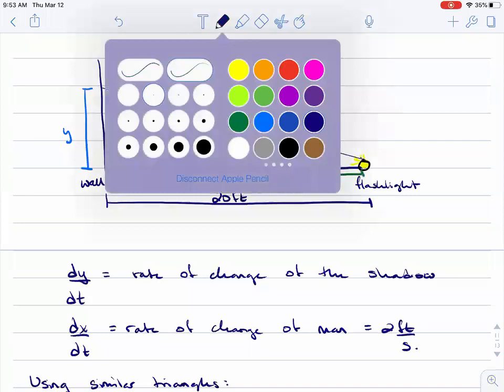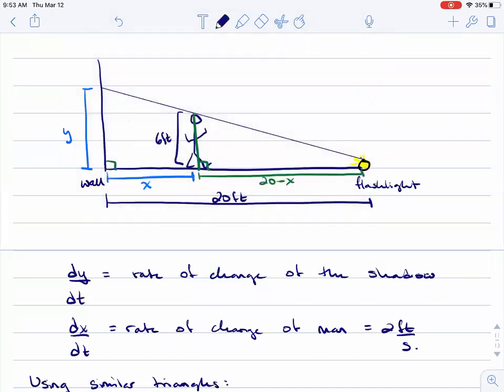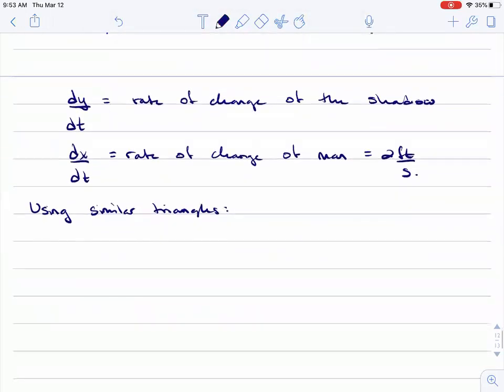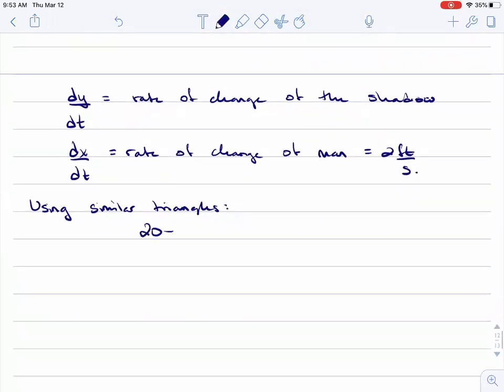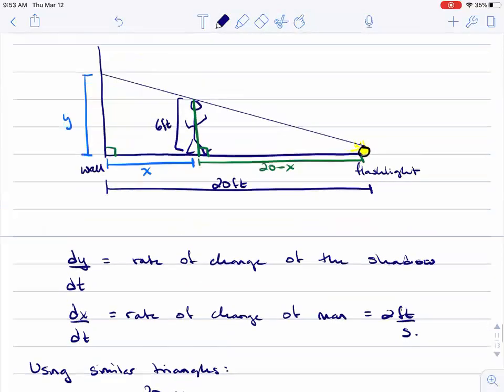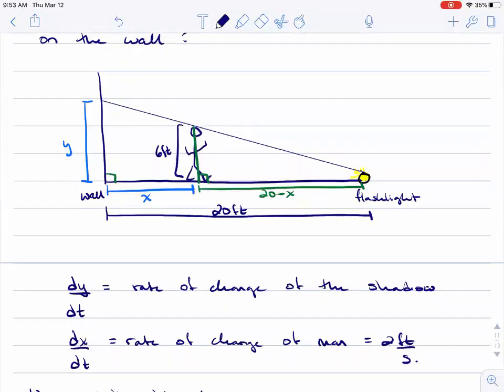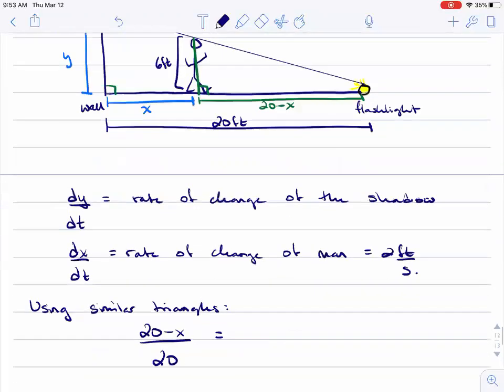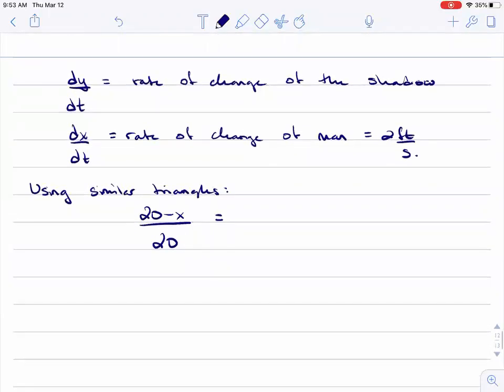So it doesn't matter how you slice it and dice it, right? As long as you're relating the sides of the similar triangles. And so if we start with 20 minus x is to 20 as 6 is to y.